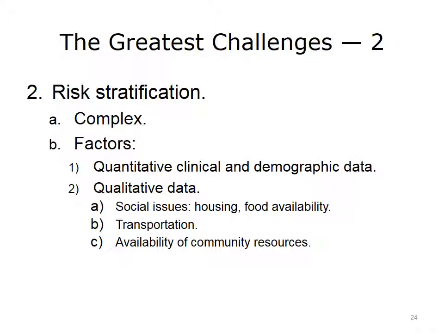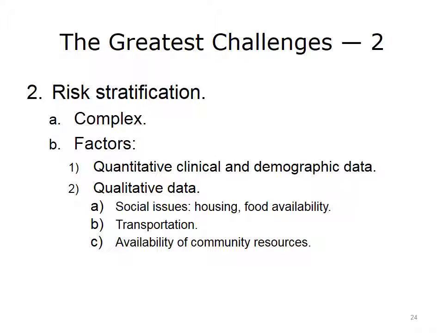Another challenge is risk stratification. It can be a very complex process. There are several factors that make it a complex process. Quantitative clinical and demographic data are sometimes easy to get from claims and EMRs. We talked about needing to have that in a single database, but they are data that are available.